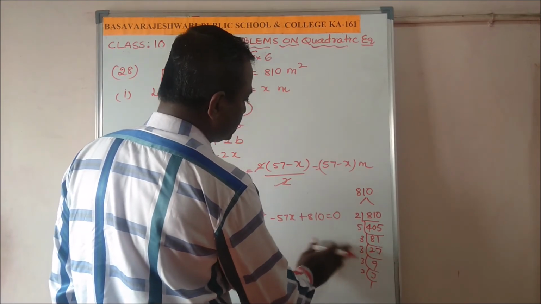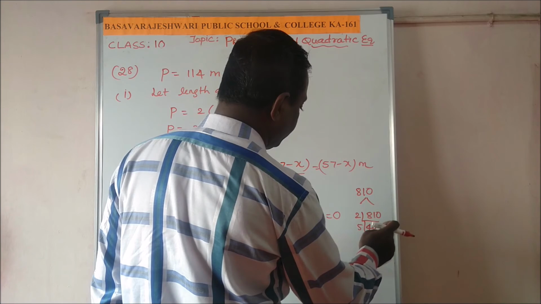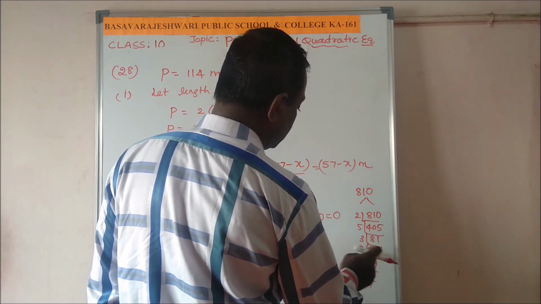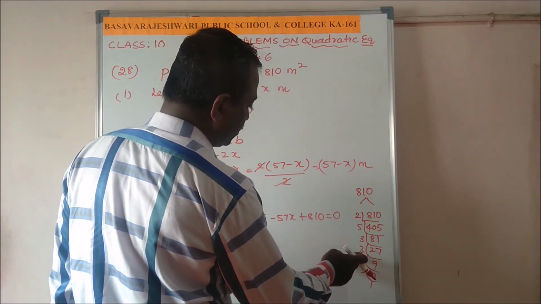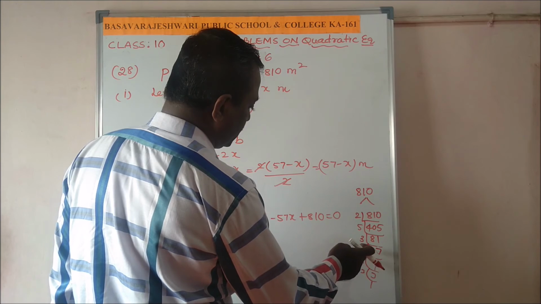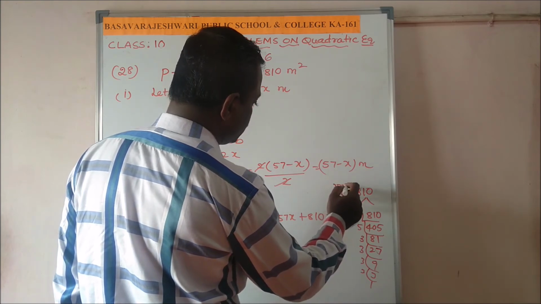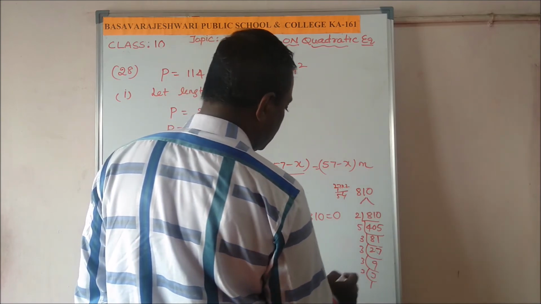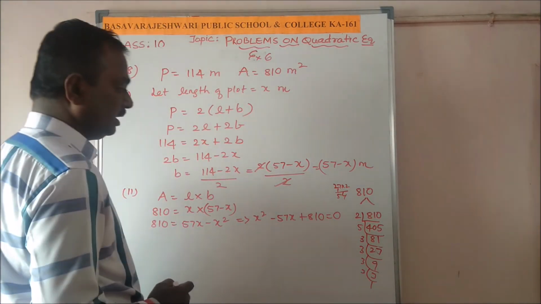So 57 means, 3 nines, 3 threes, 3 ones. 3 threes are 9, 9 threes are 27, 27 twos are 54. 15 will not come.